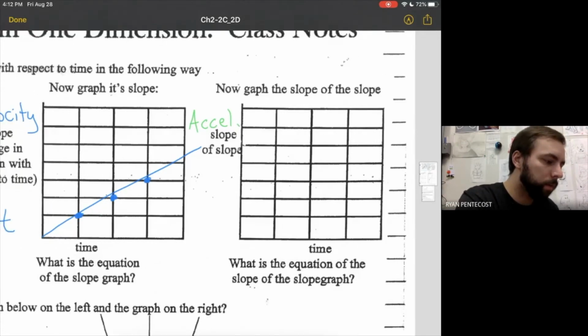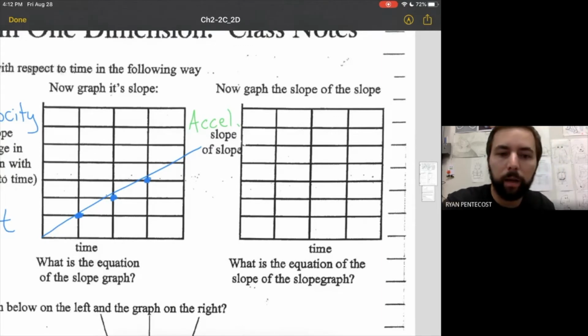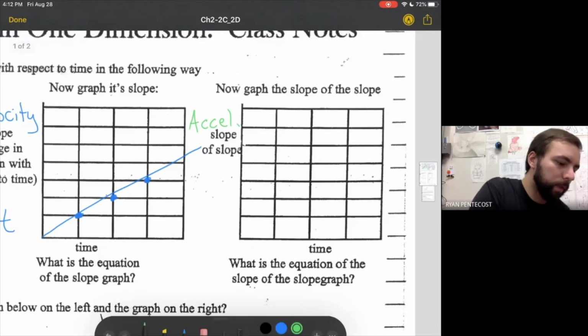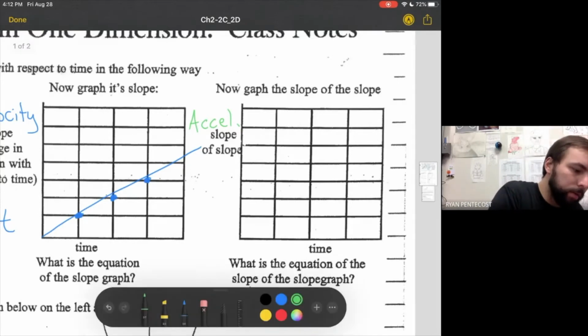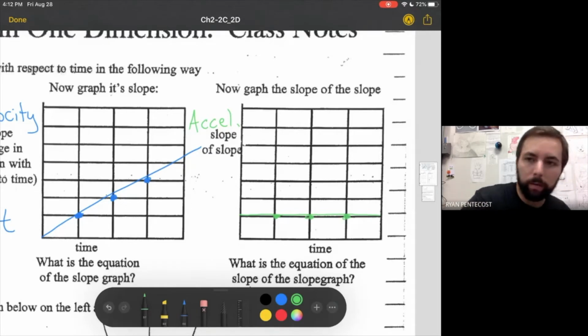You would say that the slope of that line is 1. So to graph it, we would put a flat line at 1, and at each point, the slope was 1.